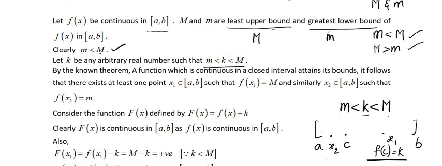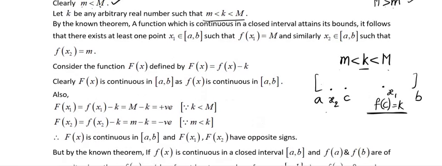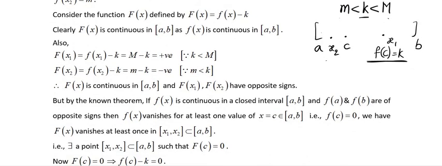Okay. Now consider a new function, that is capital F of x, defined as capital F of x equal to small f of x minus k. Now this capital F of x is continuous in closed interval a comma b because f of x is continuous in closed interval a comma b.